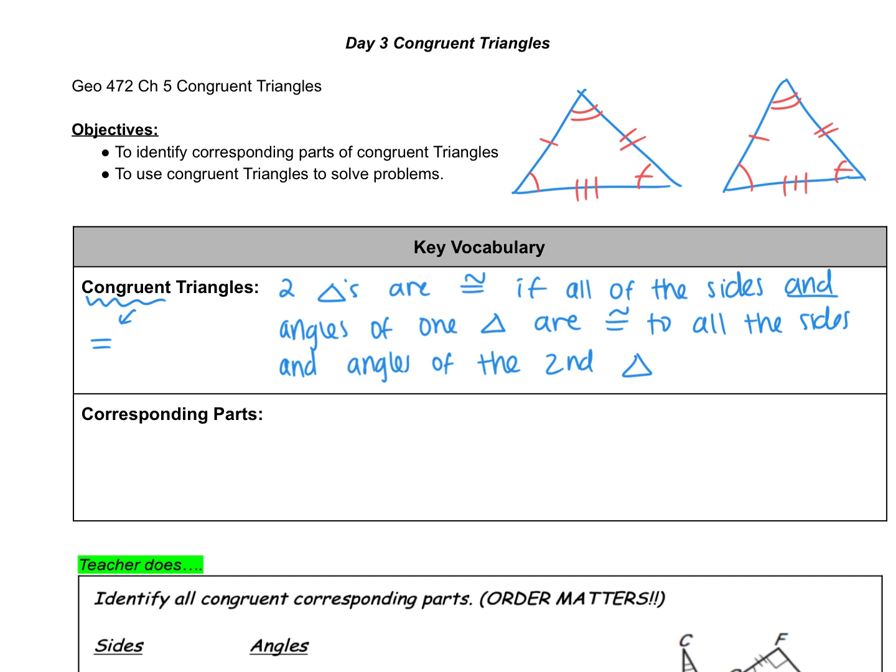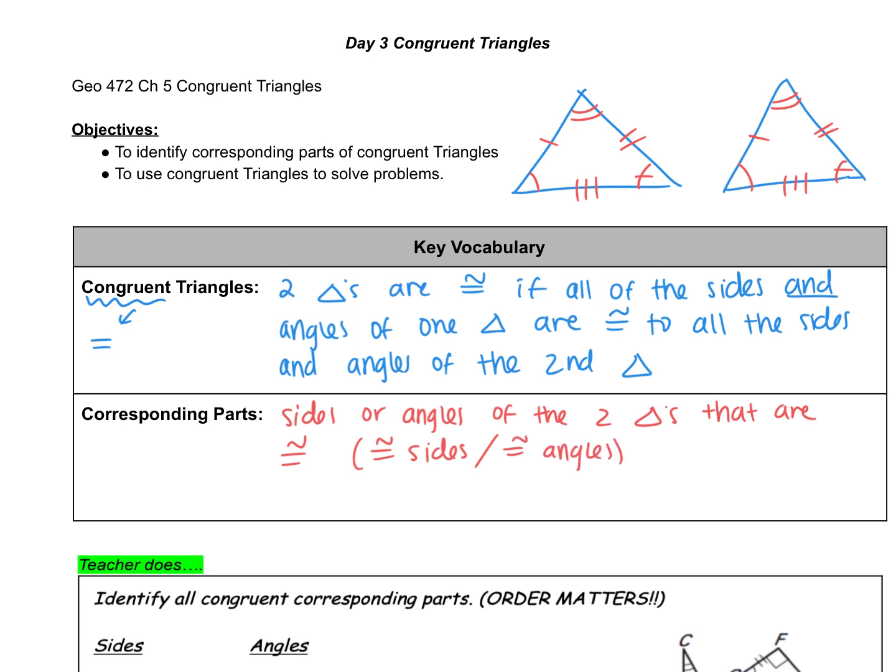Corresponding parts are the sides or angles of the two triangles that are congruent. That was worded poorly. So what I mean is it's the congruent sides or the congruent angles. That's what the corresponding parts means. It's the sides or angles that are congruent.